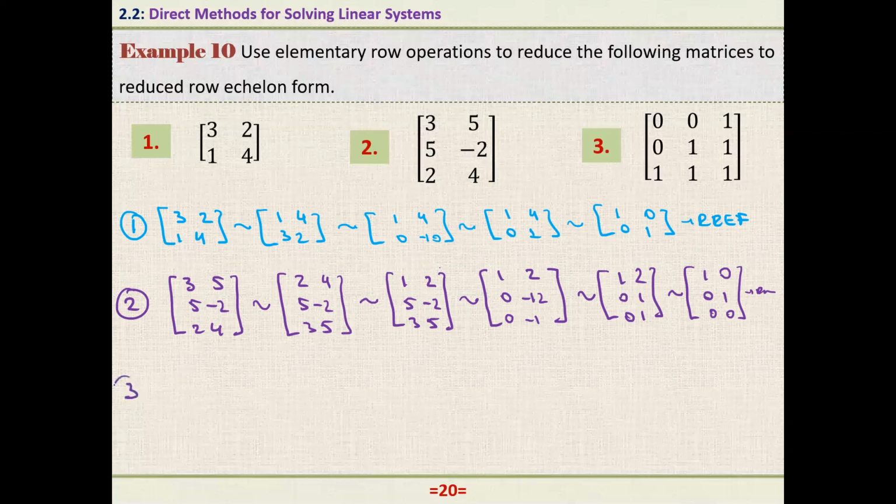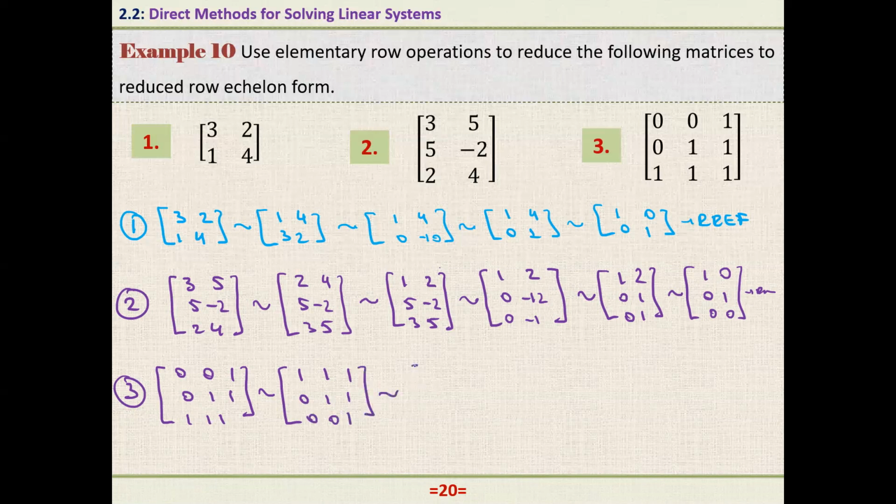How about number 3? Here we have 0, 0, 1, 0, 1, 1, 1, 1, 1. And interchange this. Here we will have 1, 1, 1. I just interchanged the first row and the third row. So here we have 0, 1, 1. Here we have 0, 0, 1.